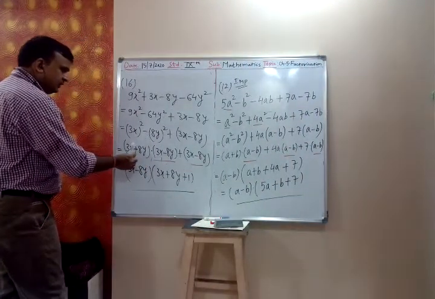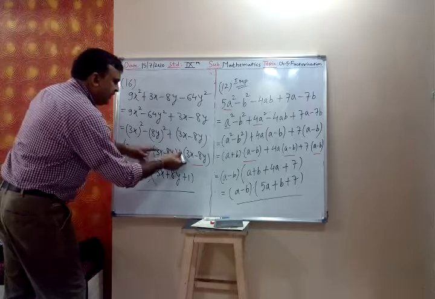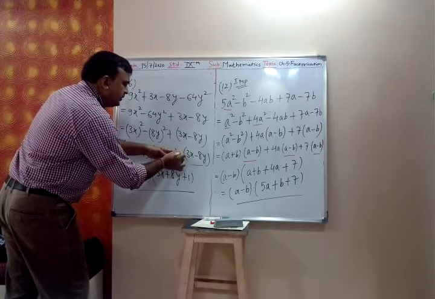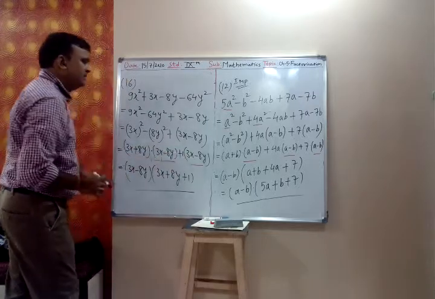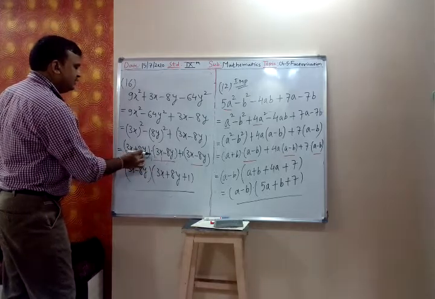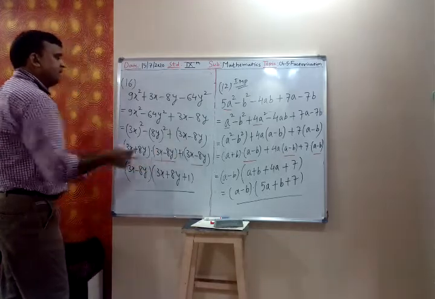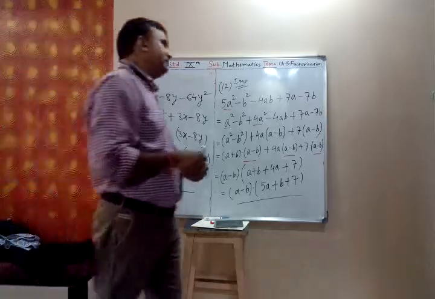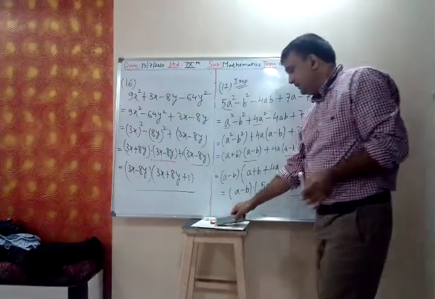Because this plus means it is plus 1, no? So when you take 3x minus 8y common, it is 3x plus 8y plus 1. Plus means it is plus 1, minus means it is minus 1.